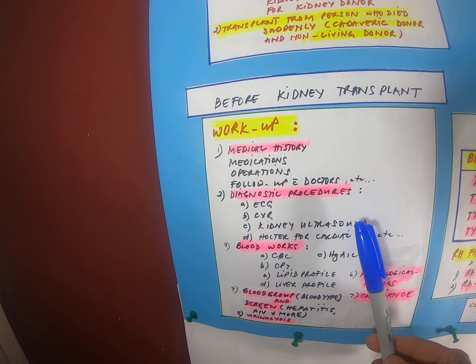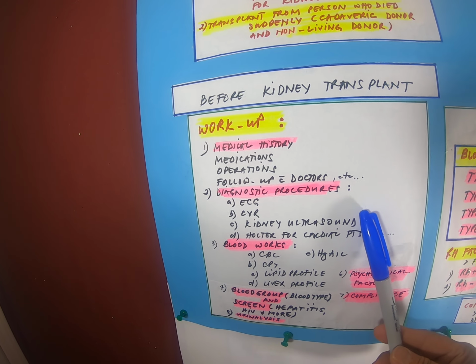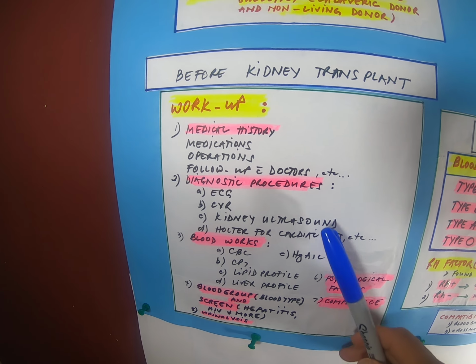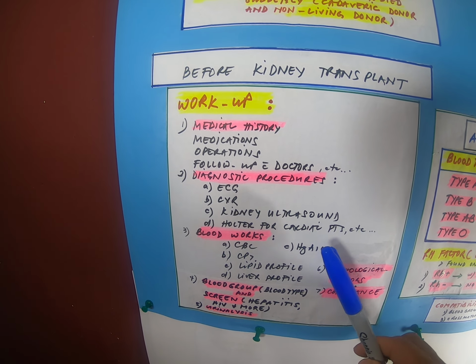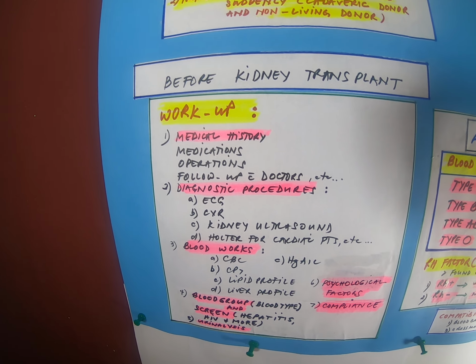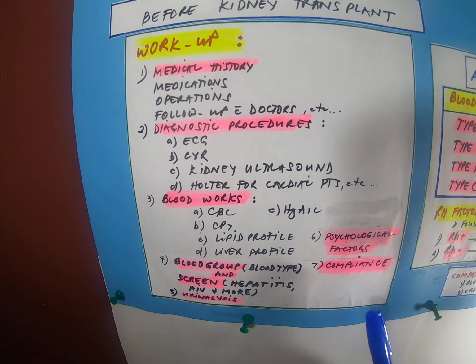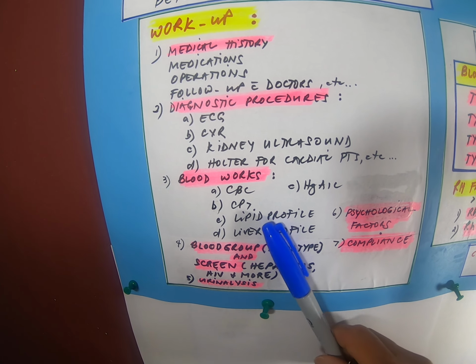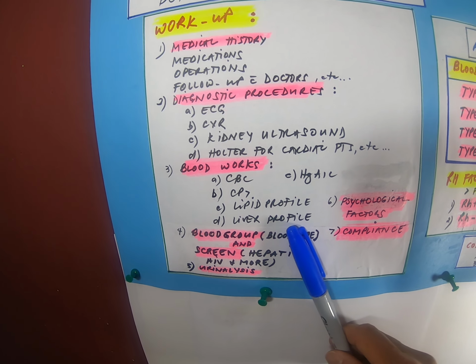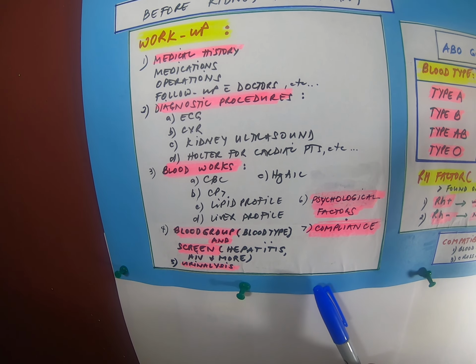So the patients have to be cleared from their medical conditions or any diagnostic procedures before they will be accepted for the transplant list. And then there are blood works like complete blood count, electrolytes, lipid profile, liver profile, hemoglobin A1C.